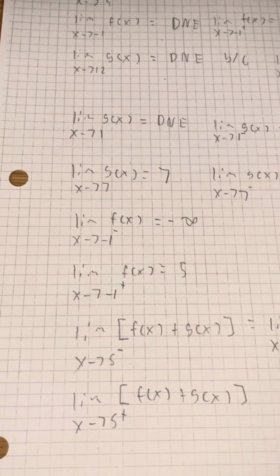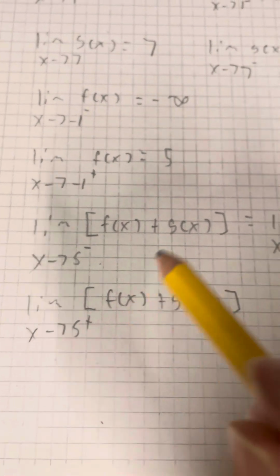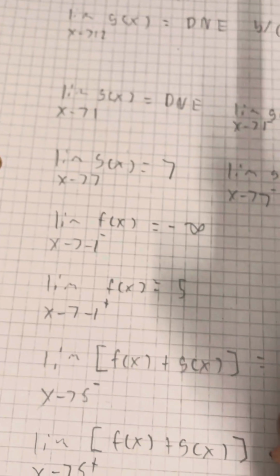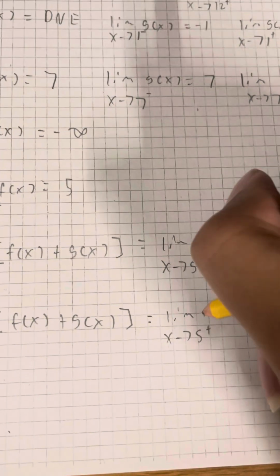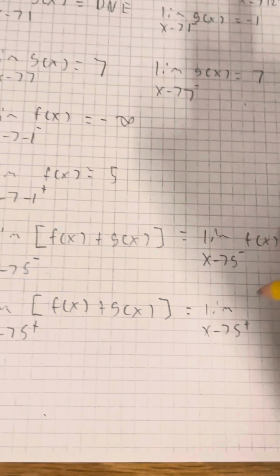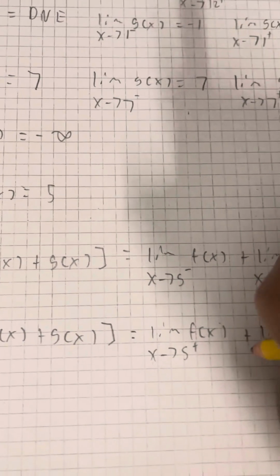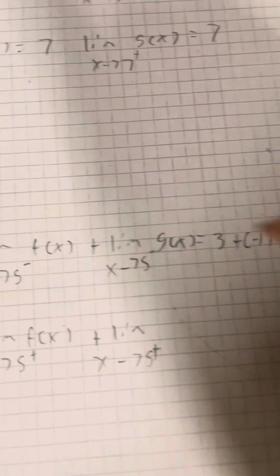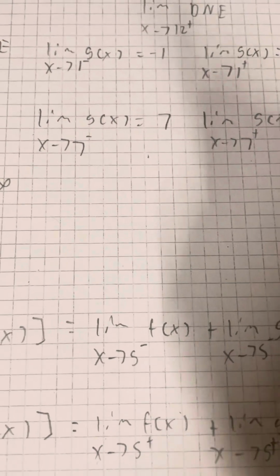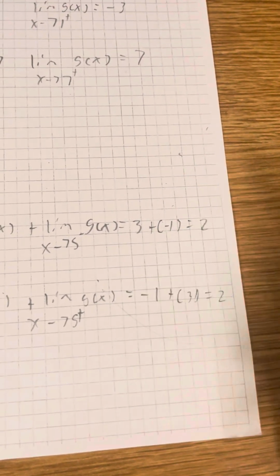This would equal limit of x approaching 5 from the right, f of x plus limit x approaching 5 from the right, g of x, which is just -1 plus 3, which is just 2.